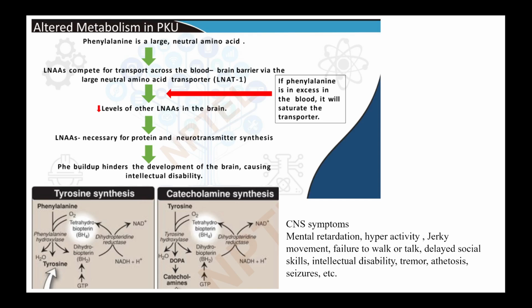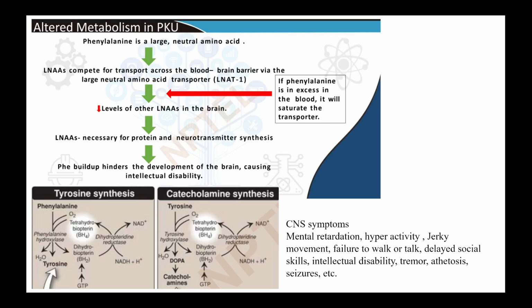If phenylalanine is in large quantity, it will block all the transporters, and it won't allow the other neutral amino acids to cross these transporters and reach the brain for neurotransmitter synthesis. That can hinder the development of the brain, causing intellectual disability.